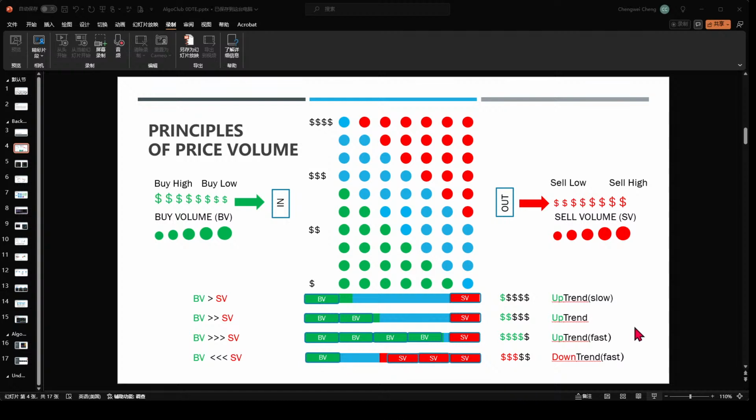Let's see next. All right, so to understand zero DTE, we should first understand what a gamma wall is, right? Typically, most of the traders in options are option sellers. As a seller, your goal is to be profitable, and you are selling based on the support and resistance level of the stocks.